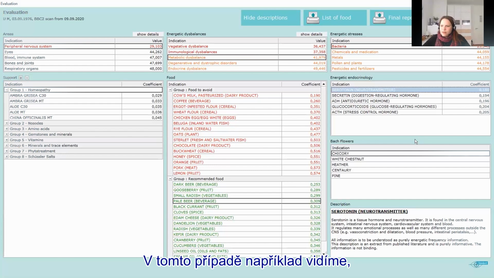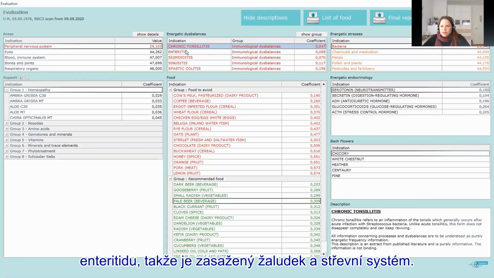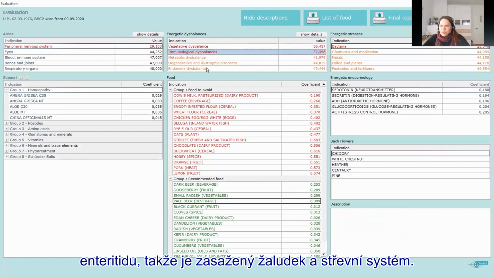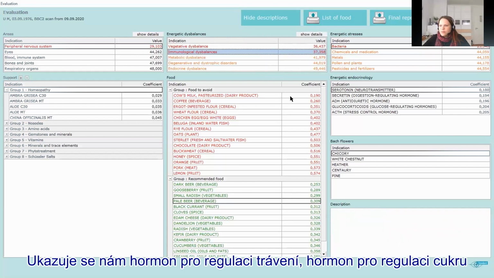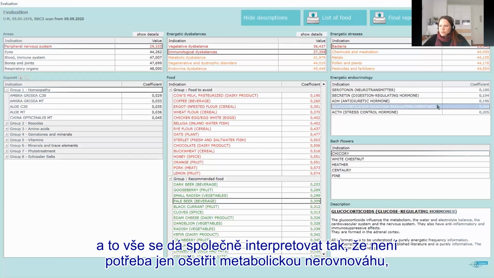For example, in this case we have this metabolic disbalance. Enteritis as well. So we have a little bit of the stomach and intestine system. We have the digest regulation hormone, for example the glucose regulation hormone.